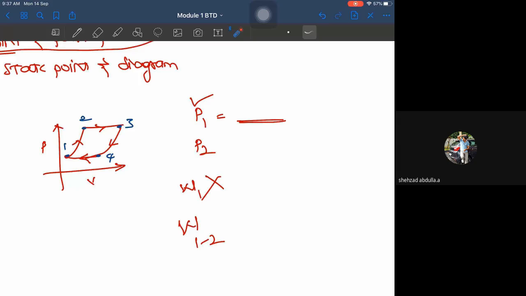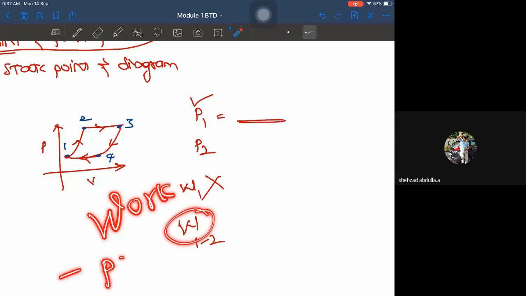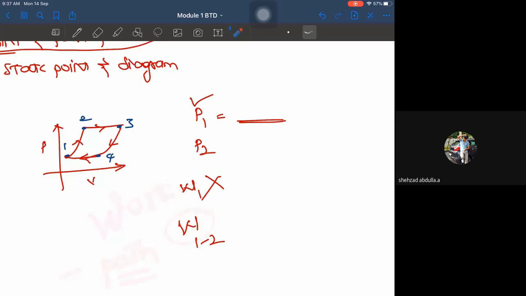You cannot do that. Why? Because work is nothing but your path function. So you have to specify it as 1 to 2. You have to completely specify the total process. And the same principles apply for the calculation of heat also.